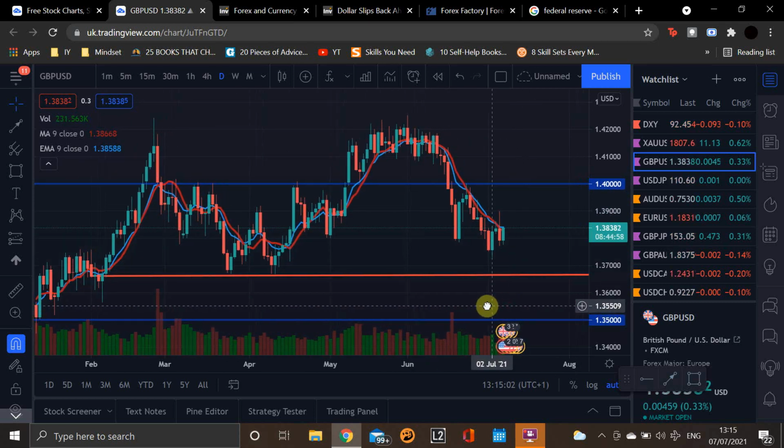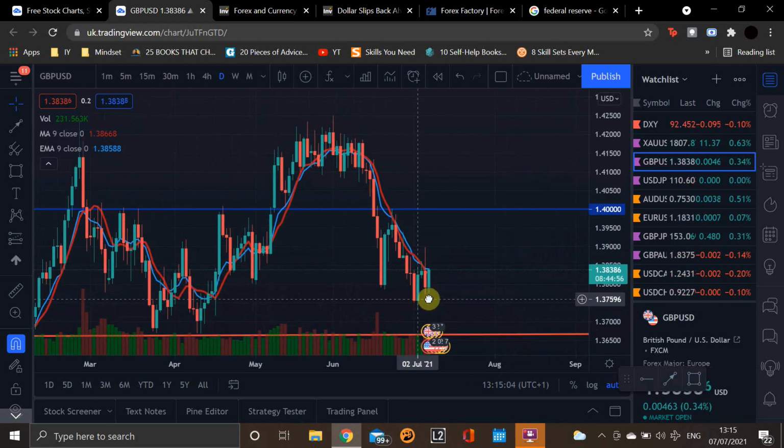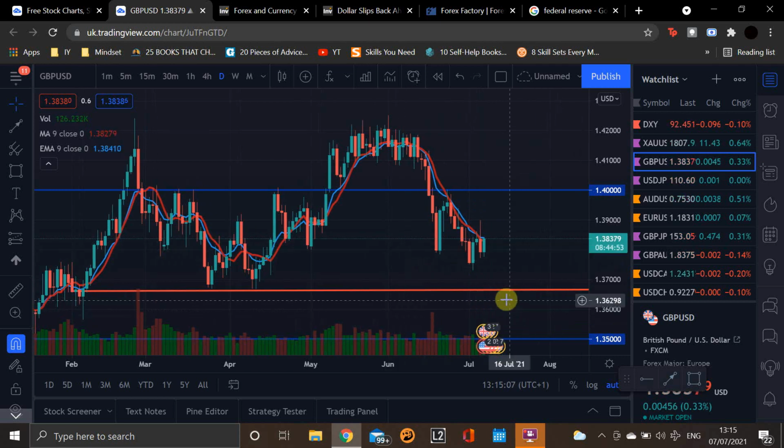But look at here. It's making lower lows slightly, so it may be in a slight downtrend.